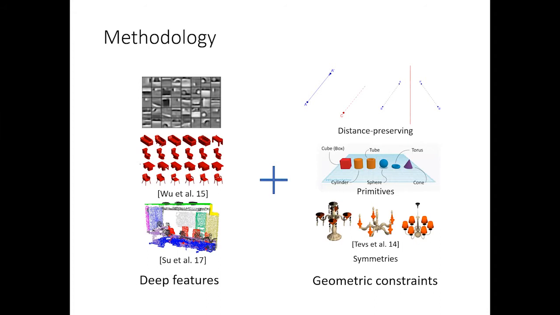But those are very difficult to predict using a standard deep neural network. Deep neural networks can learn good features, but geometric constraints are very hard to predict. We need to somehow figure out a way to integrate them together, and that is what we are trying to do for solving this problem.